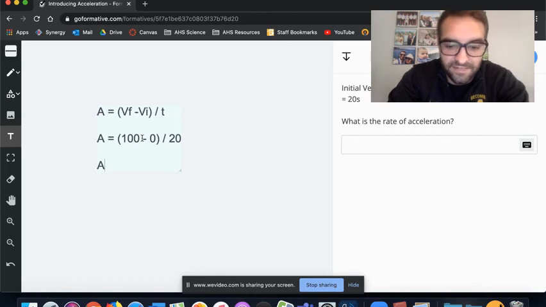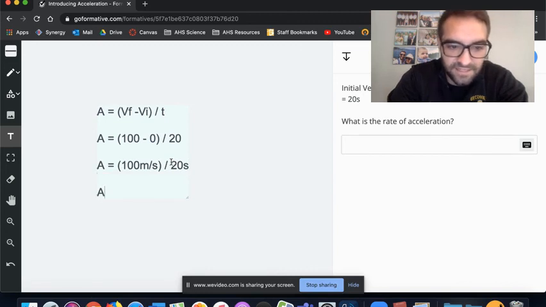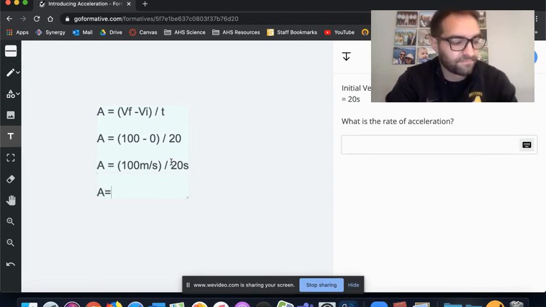So again, going through each step, this would be 100 meters per second. Maybe I'll put that in parentheses like that. Divided by 20 seconds. I put that into the calculator. Okay, I believe it should be 5.